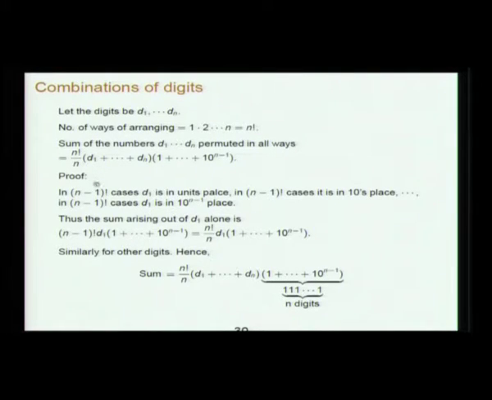So, let the digits be d1 to dn. The number of ways of arranging n things, we have already seen, is 1 into 2 etc. up to n. So, the number of permutations is factorial n. He has given that you take this, divide by n, then take the sum of all the digits, and that in all the places: 1 plus 10 plus etc. up to 10 to the power n minus 1.